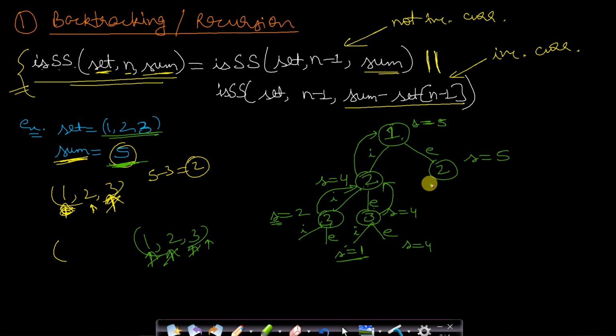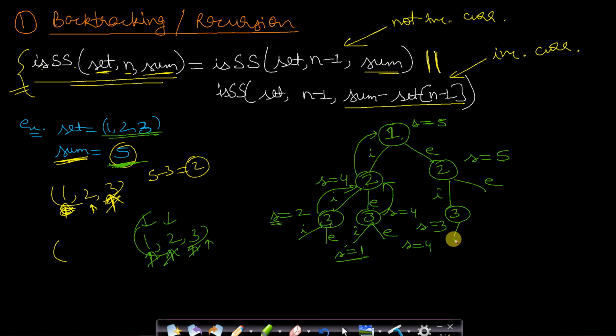Now I have element 2 next. We had started from 1. Now we have element 2. Element 2 will again have two options, either to include it or to exclude it. Let us say I have included this element 2. Then what will happen? Our sum value will be equal to 5 minus 2, which will be 3. Okay. And now the next element is 3.